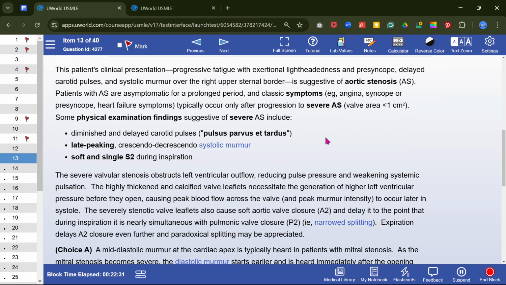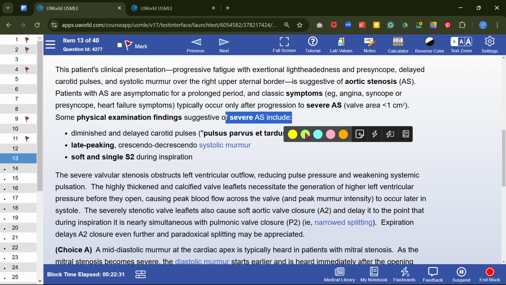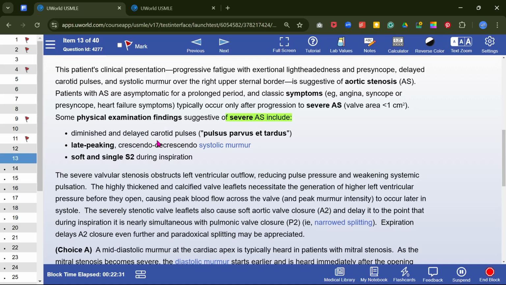Okay. So severe AS has three criteria: diminished and delayed carotid pulse, pulsus parvus and tardus, a late peaking, crescendo-decrescendo systolic murmur, and a soft and single S2 during inspiration.